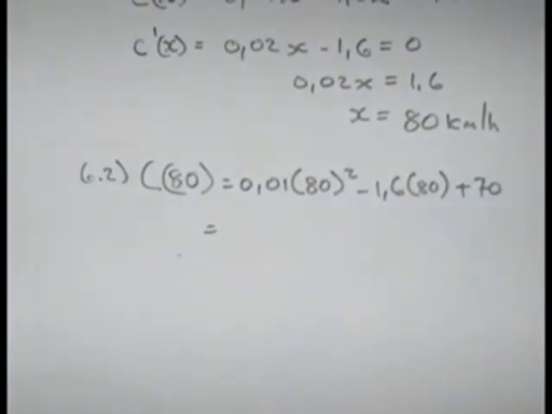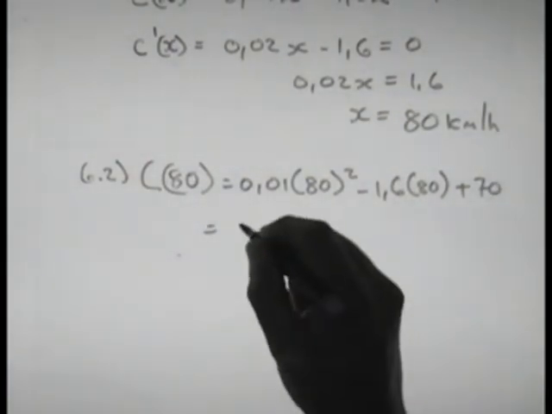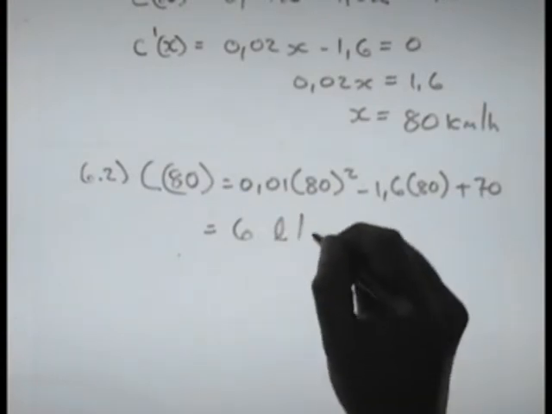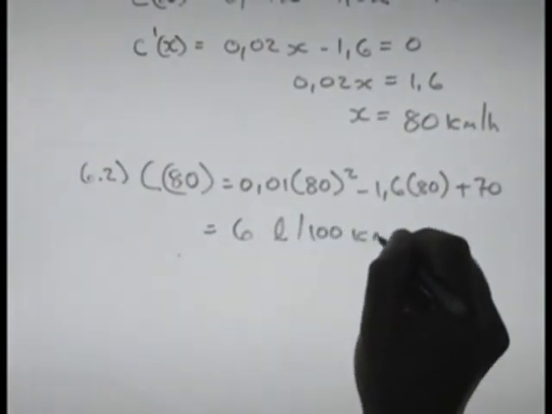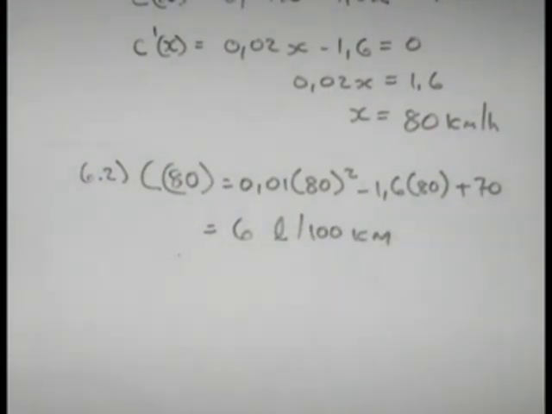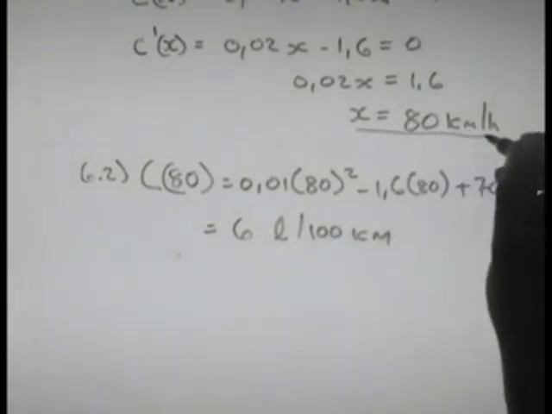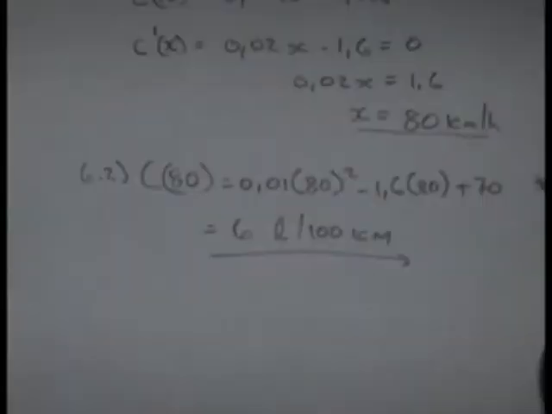Use your calculators, it will give you an answer of 6 liters per 100 kilometers. In this question here, I did give you parameters. I did say that the speeds are in kilometers per hour. I also said that our consumption is in liters per 100 kilometers. So all of your answers have to depict that.